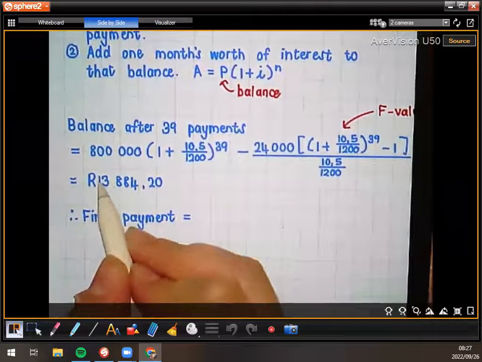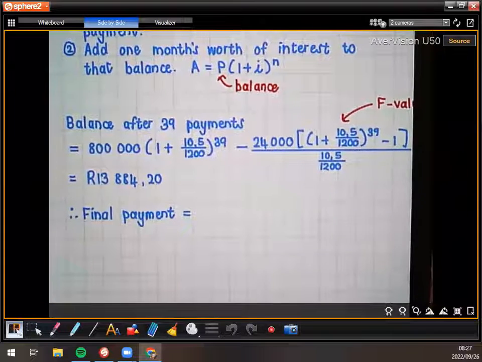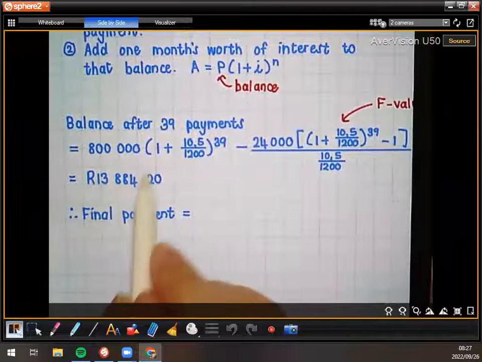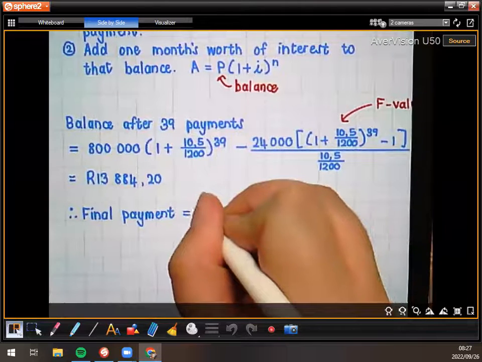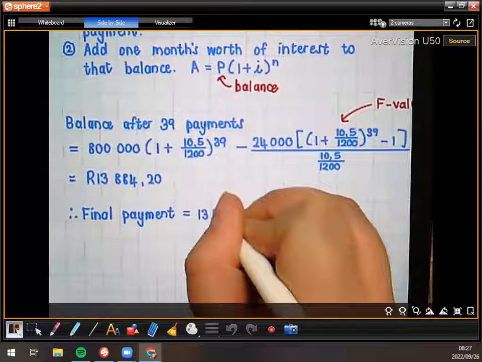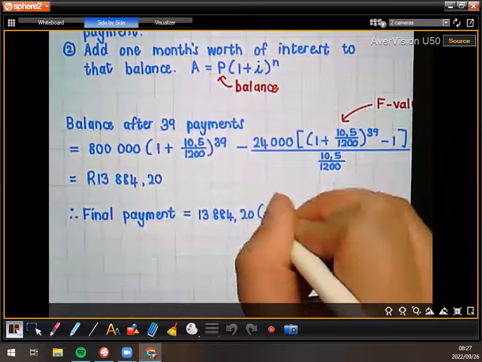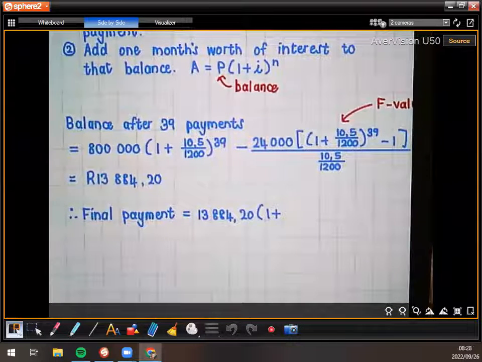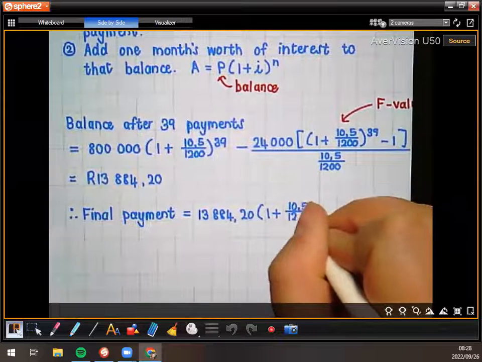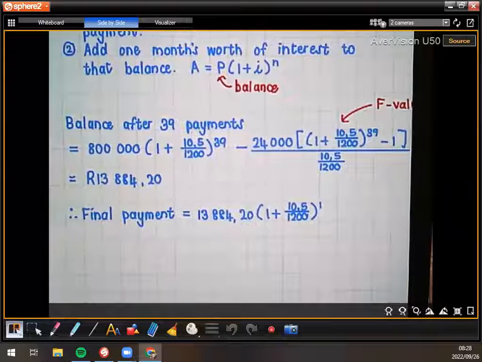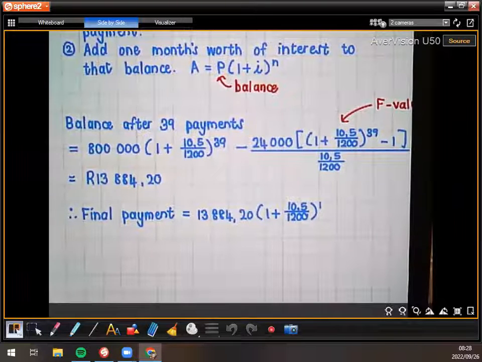Now this 13,000 rand is what they still owe after they've made their last 24,000 rand payment. But they're gonna have to pay a bit more than this because they're only paying that in a month's time. So we're gonna say 13,884.20 and then we are going to add 1 month's worth of interest. So we use our normal interest rate that they gave us. Now you're going to use your answer button to calculate this amount.